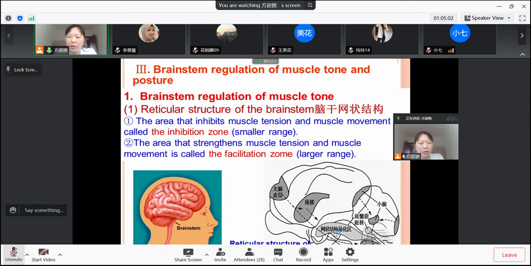The reticular structure of the brainstem includes two types of zones. One type is a larger range, an area that strengthens muscle tension and muscle movement. We call this the facilitation zone.